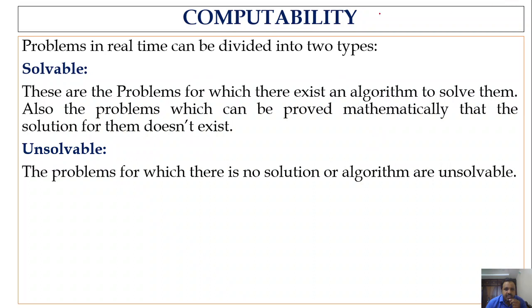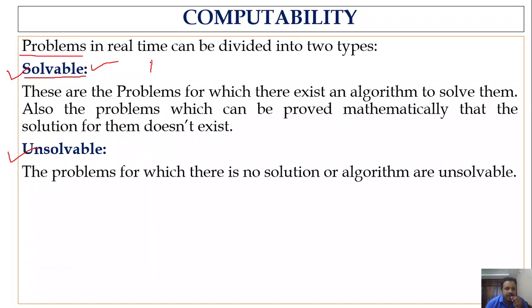Here we are considering that a computational problem can be either a solvable one or an unsolvable one. That means a computational problem can be divided into either solvable or unsolvable. So when can we say that a problem is solvable? The word solvable itself explains the meaning.